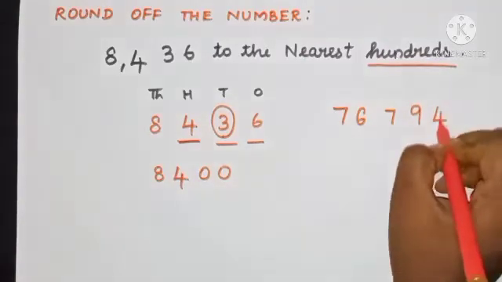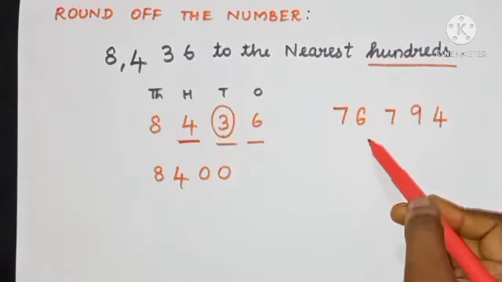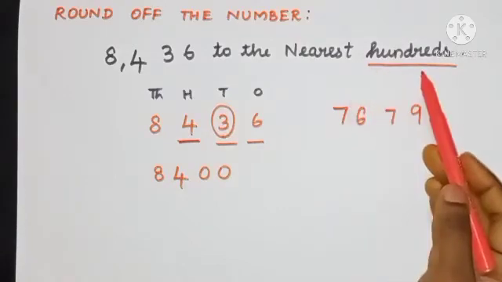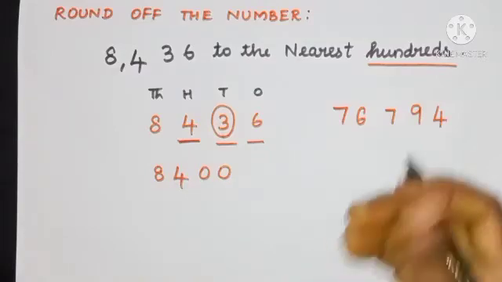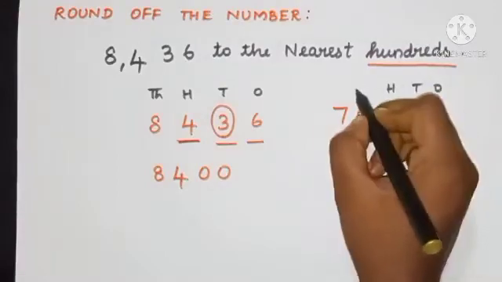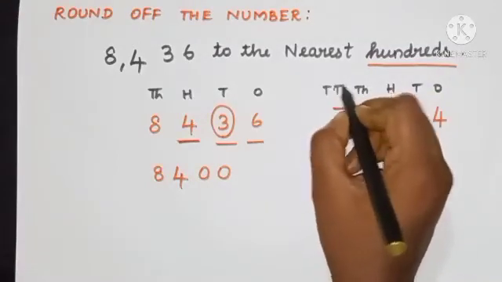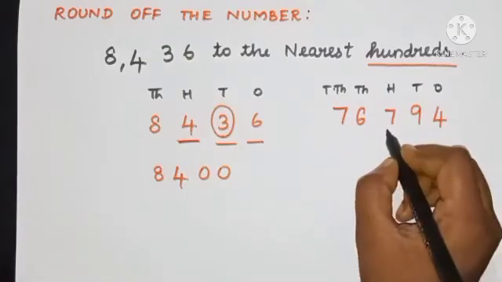Let's see one more example. 76,794. Again we have to round off to the nearest hundreds place. For that, mark the hundreds place first. Ones, tens, hundreds, thousands, ten thousands.